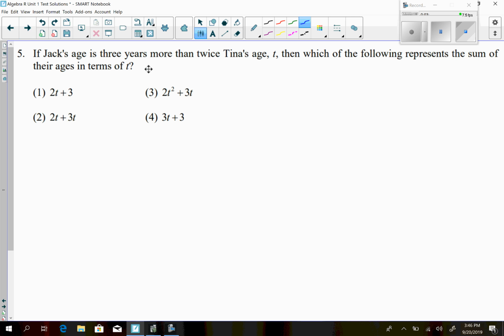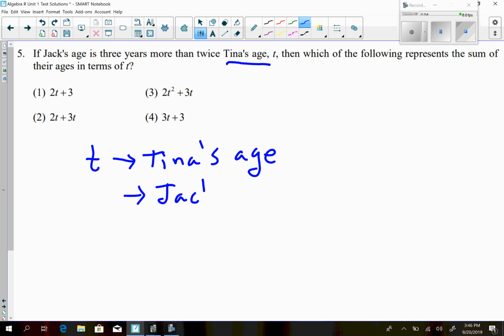If Jack's age is 3 years more than twice Tina's age, T, this is saying Tina's age is T. Which of the following expressions represents the sum of their ages in terms of T? Well, I'm going to write something about Jack's age.